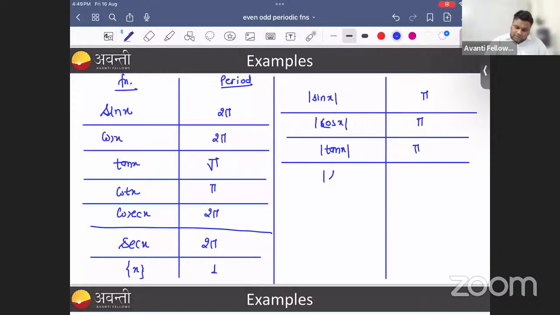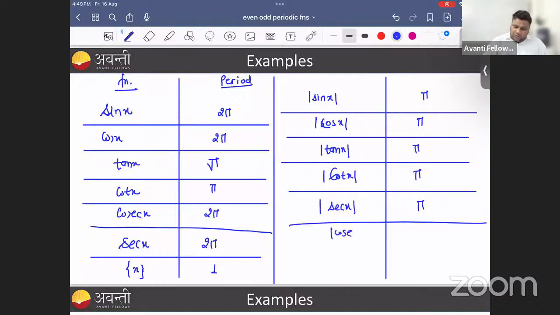Then mod cot x. Its period is also pi. Then mod sec x. Its period is also pi. Mod of cosec x, period is also pi. So modulus of all 6 trigonometric functions has period pi.